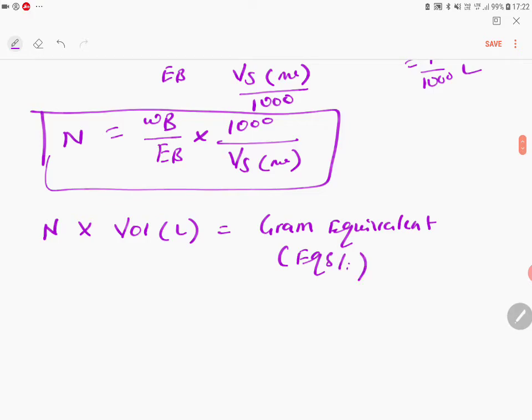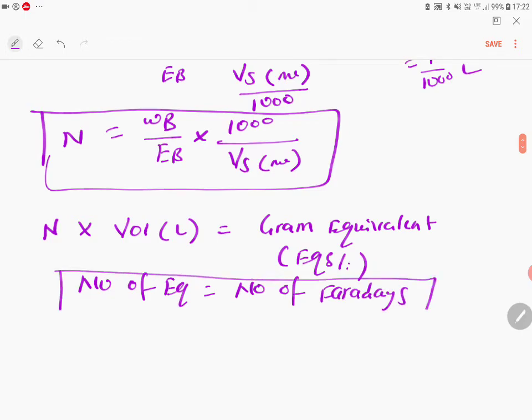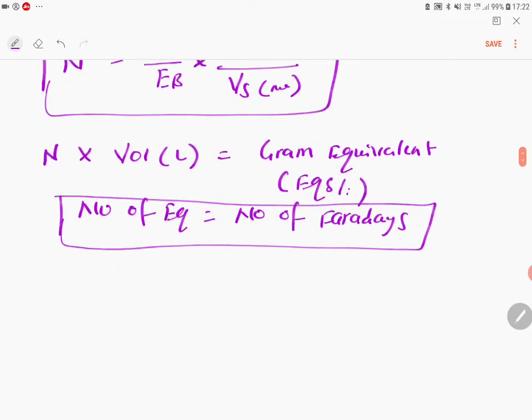Now in electrochemistry we have already discussed that number of equivalents is equal to number of Faradays. So in the numerical, if you are getting the number of Faradays, you can write number of Faradays is equal to number of equivalents. So see how I am connecting the stoichiometry with the electrochemistry. We have to keep on connecting it. It is very important.